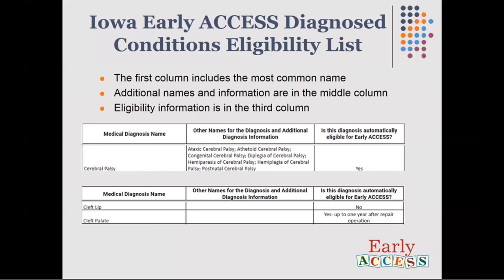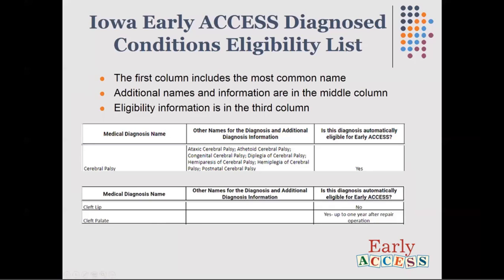Diagnosed conditions that are automatically eligible for early access are listed as yes. A child with a diagnosis of cerebral palsy is automatically eligible for early access. Diagnosed conditions that are not automatically eligible for early access are listed as no. Cleft lip is not automatically eligible for early access.